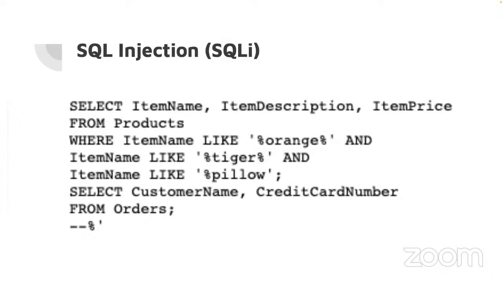Different from the first. If the command is successful, it would run 2 SQL queries separated by the semicolon. The first would retrieve the product information, the orange tiger pillow. The second would give us a list of customers and their credit card numbers.